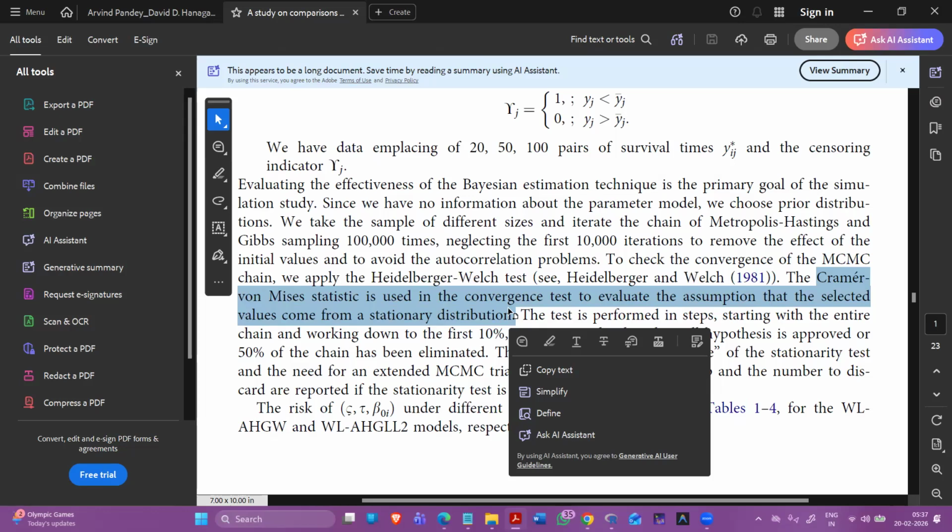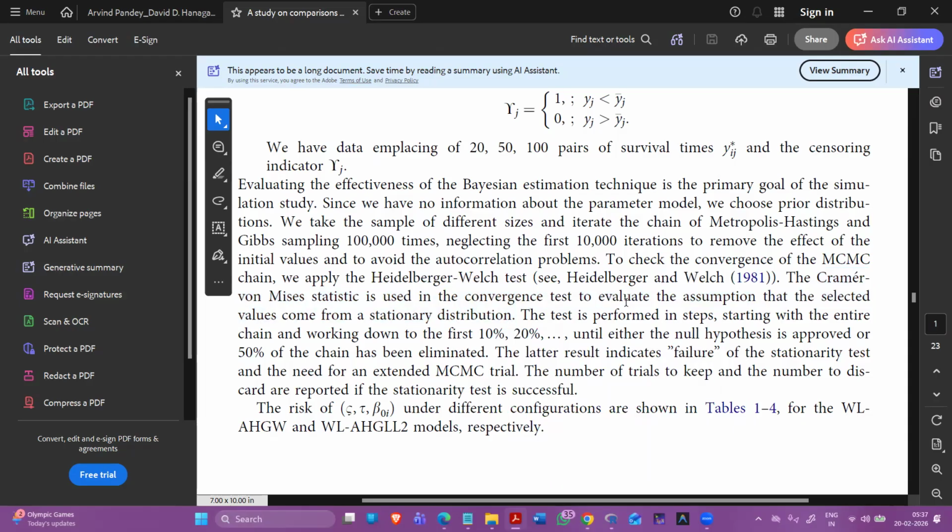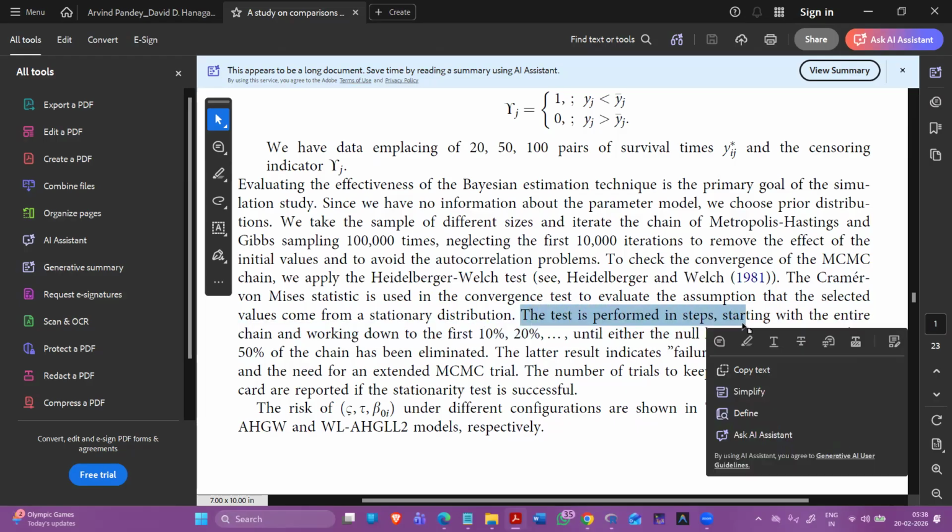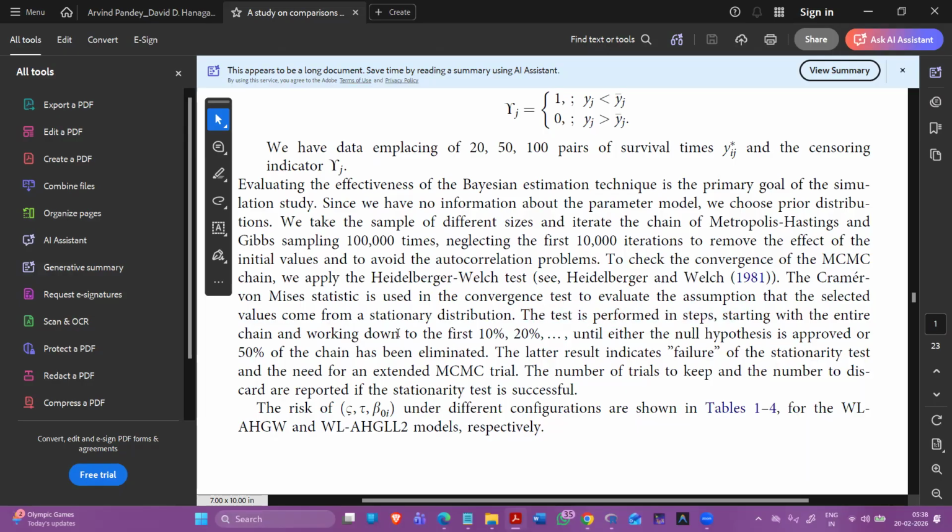That is a method to find the estimates of the parameters. So we use this method to check the convergence, and we make the assumption that the selected values are from a stationary distribution. Okay, so the test is performed in steps, starting with the entire chain and working down with the first 10%, 20%, until the null hypothesis is accepted or 50% of the chain has been eliminated.